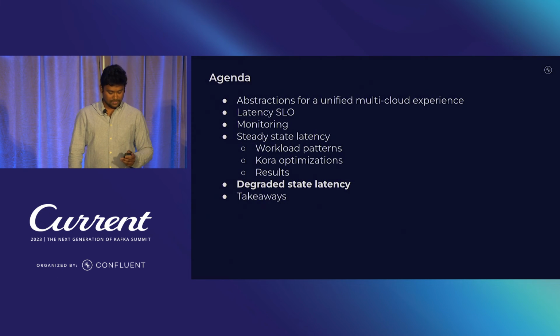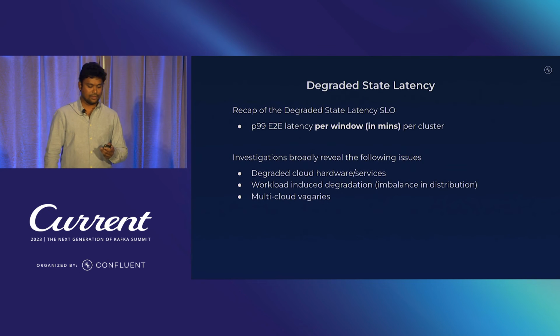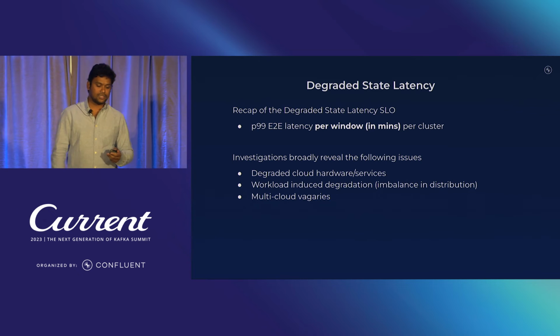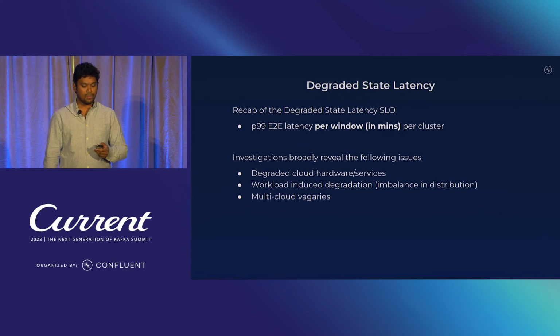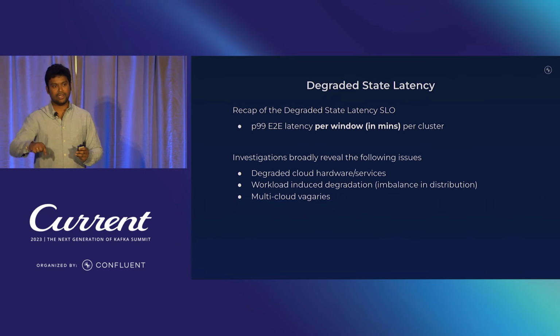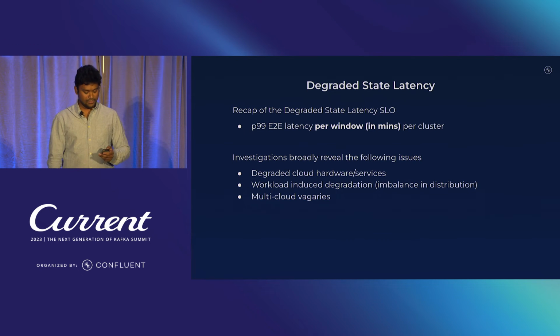Anyways, so again, steady state latency is one thing, which is great, but the next thing that affects the end-to-end latency is also the degraded state latency. So Mark kind of gave an introduction of what this is. The recap is the end-to-end latencies for the degraded state is actually looking at per window, per cluster, because we want to cap these short intermittent spikes that you could have in the latencies that you're observing.